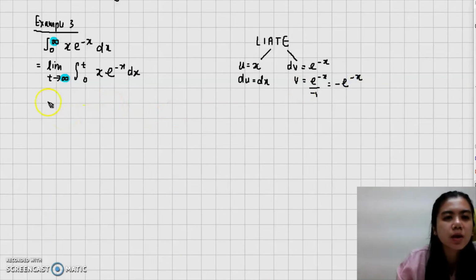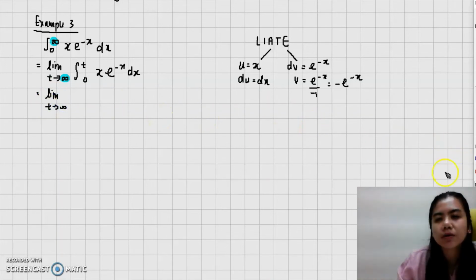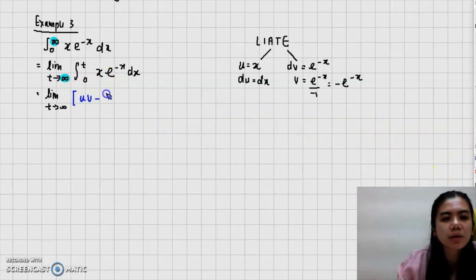Now we're going to use the same concept that we have learned previously. The result of integration is basically uv minus the integral of v du.